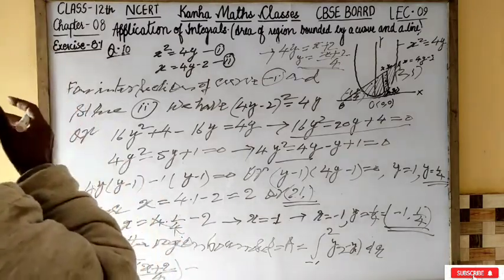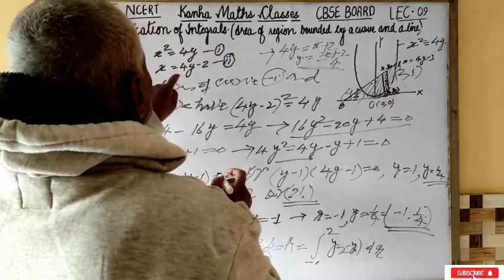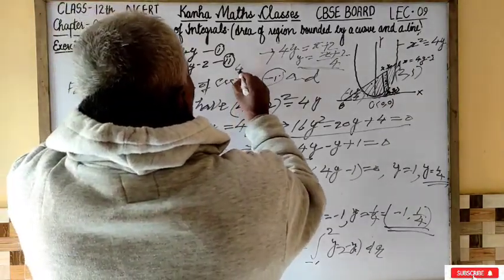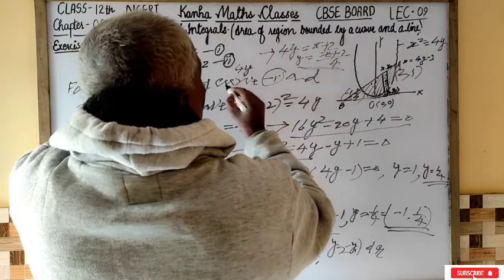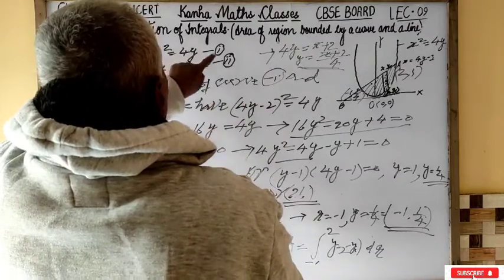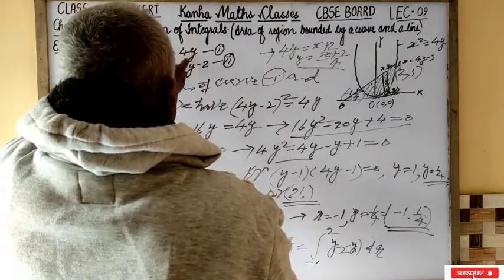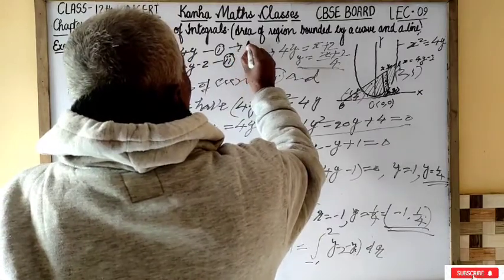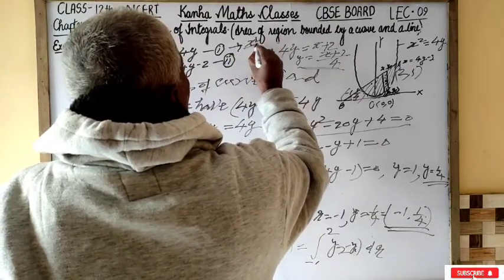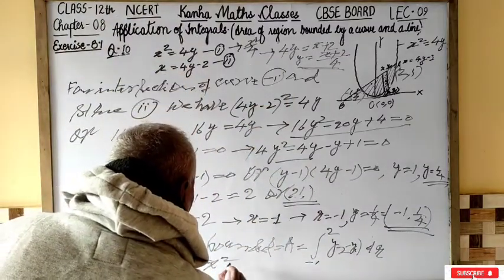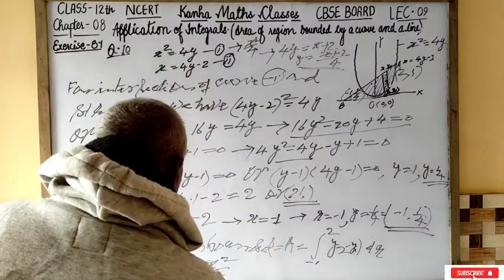Minus y1, and y1 means from the equation of the parabola, x square by 4.